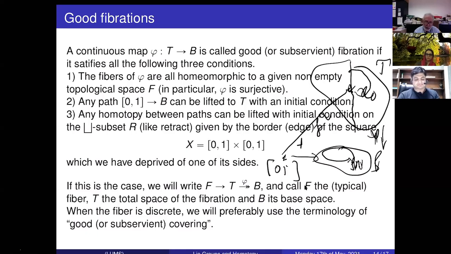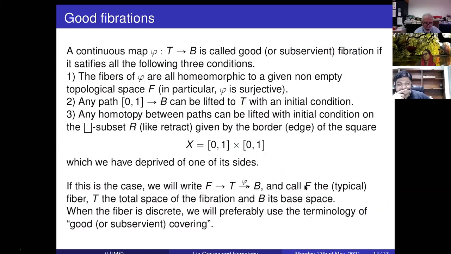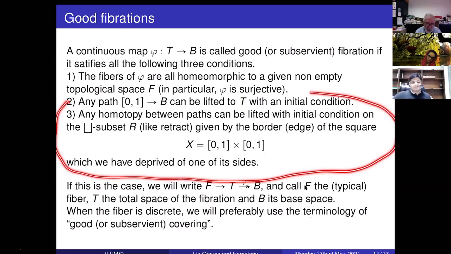Okay, so these are classical things about coverings and things like this. And what I also want about this fibration is a condition which is crucial, but I will not be able to prove here how it is crucial.